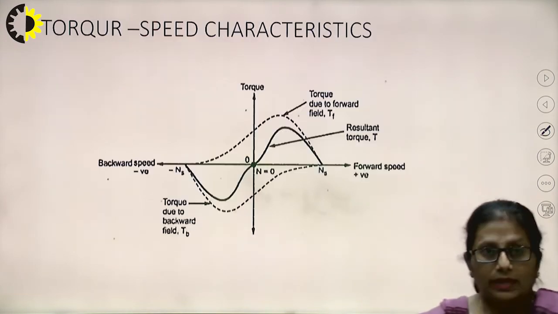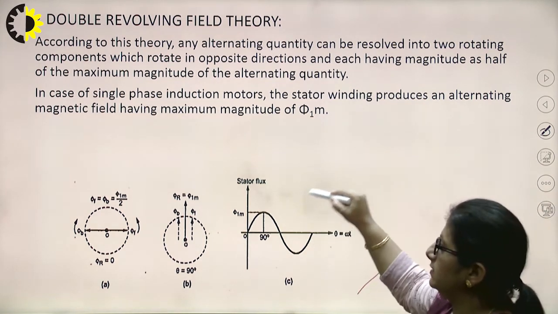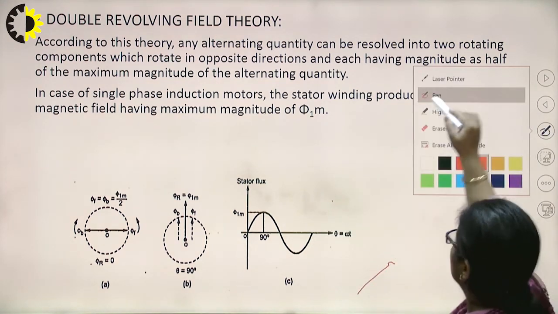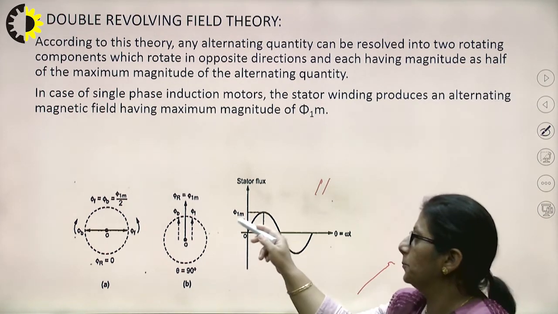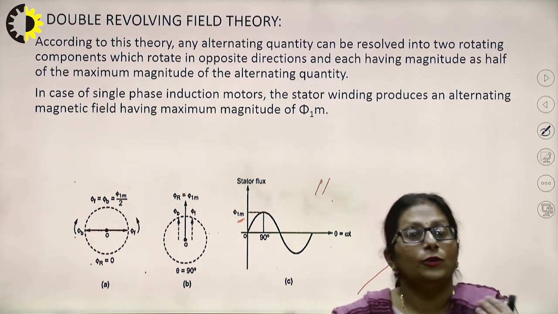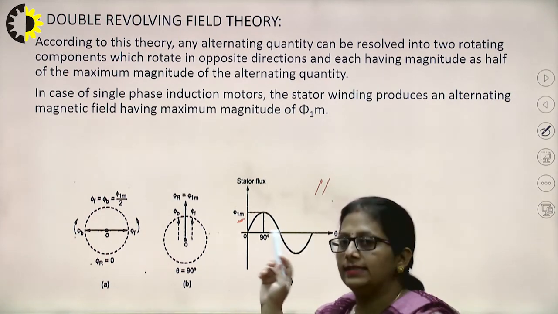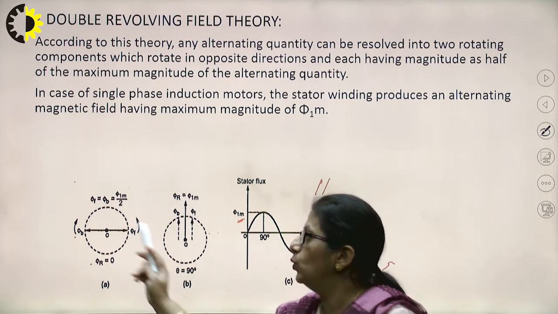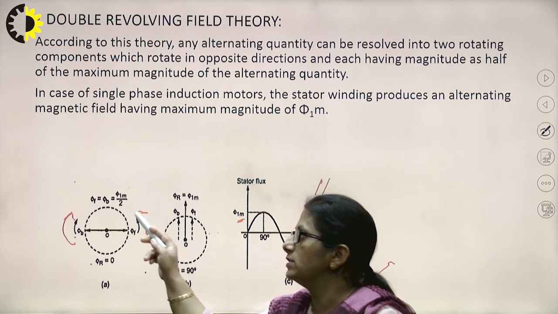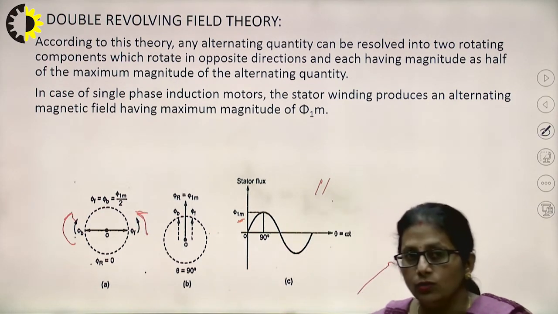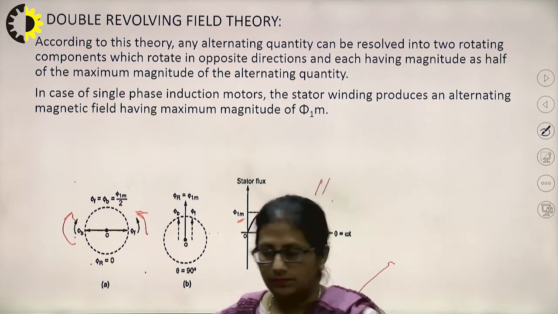Now, in this case, this is the stator flux, having the maximum value of φm. According to double revolving field theory, this alternating flux can be resolved into two rotating fluxes which rotate in opposite directions and have equal magnitudes of half of the maximum, right.